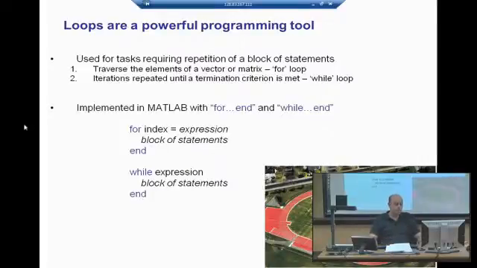So the for loop is always for something like an index, and I like to use i or j or k, something like that. By the way, I do this a lot. I'm going to do a little side thing.